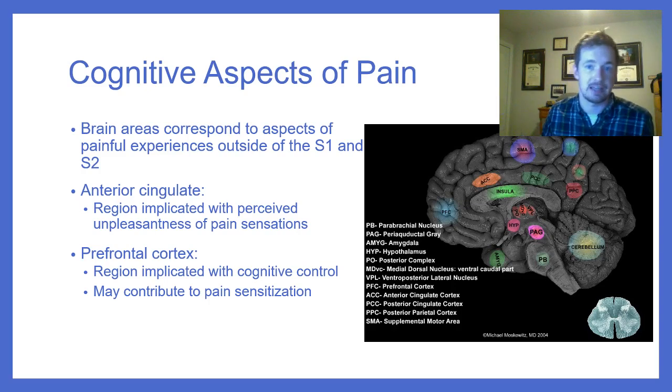One fun fact about this is that when people first started discovering that there are other areas of the brain that help mediate pain, like the ACC, the insula, the prefrontal cortex, and the amygdala, they called it the pain matrix.